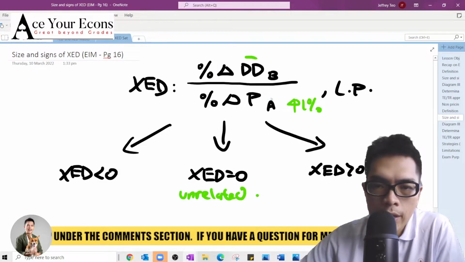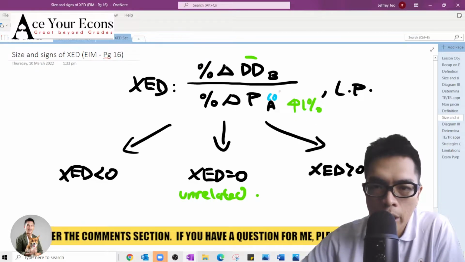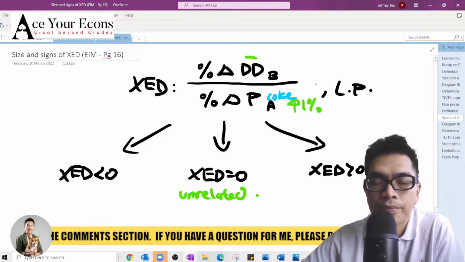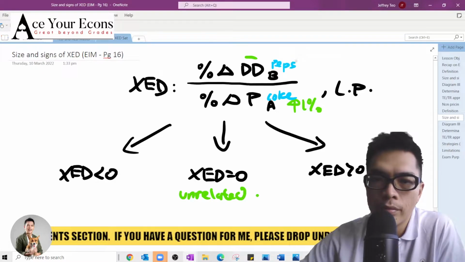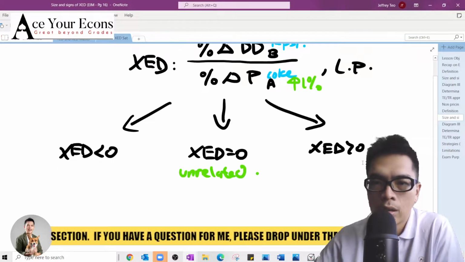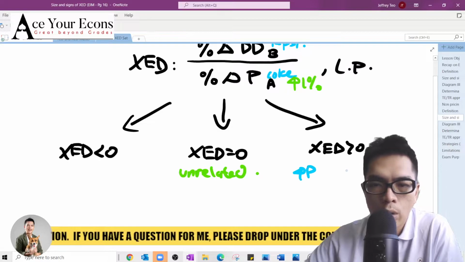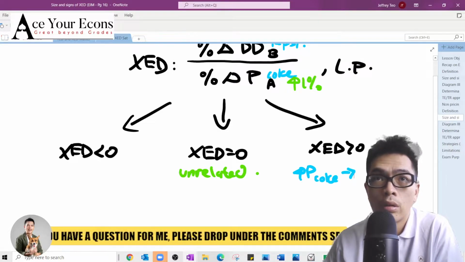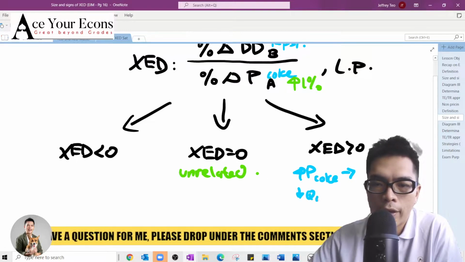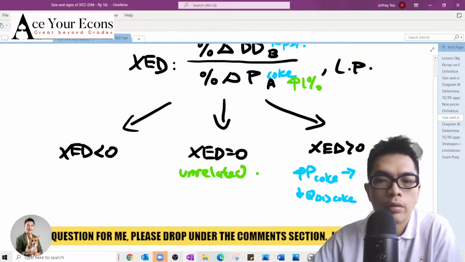So for instance, when there's a rise in price of Coke by 1%, how can we deduce the XED of Pepsi here? Let's go step by step. When there's a rise in price of Coke, this will lead to a fall in quantity demanded for Coke, right?